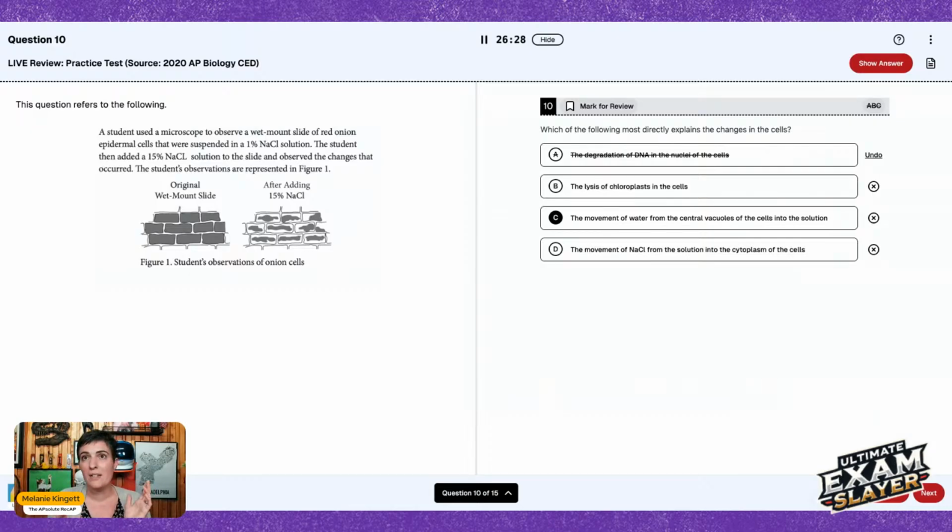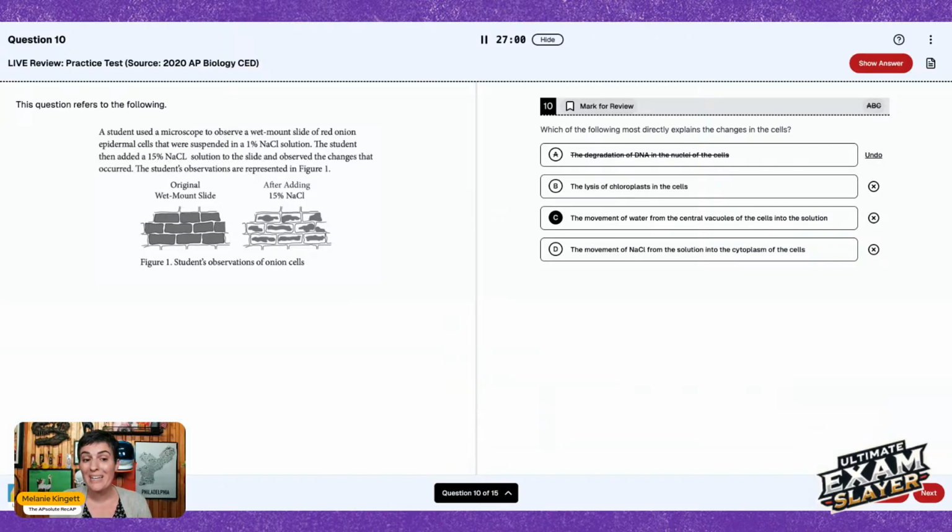Just as a curiosity, does anyone know what this condition is called when you have plant cells that look like this? It has a very specific term. I highly doubt it's going to be an answer on the exam, but it might be in a question. When you have water leaving a cell and the plasma membrane has been shrunk down, I see a vote for flaccid.